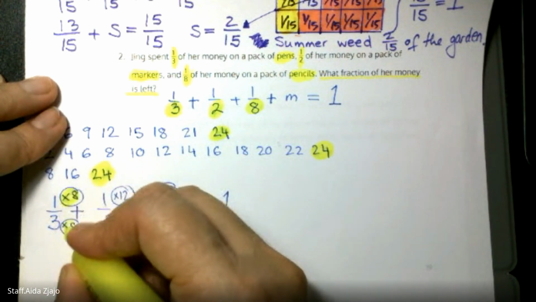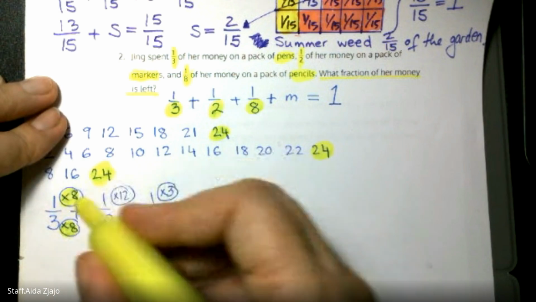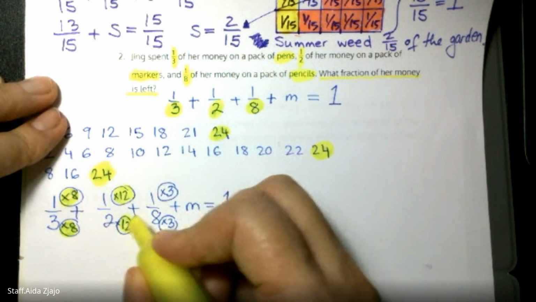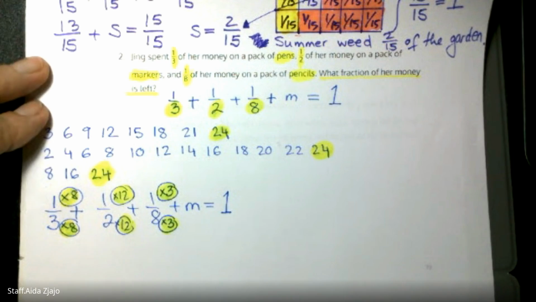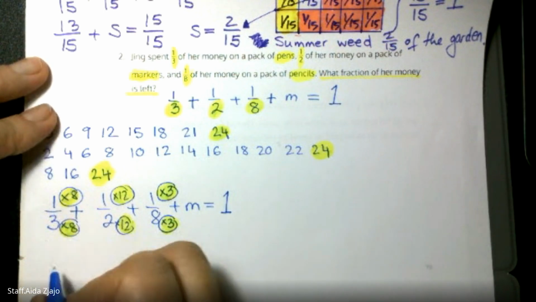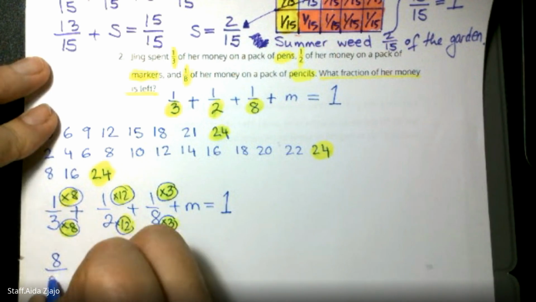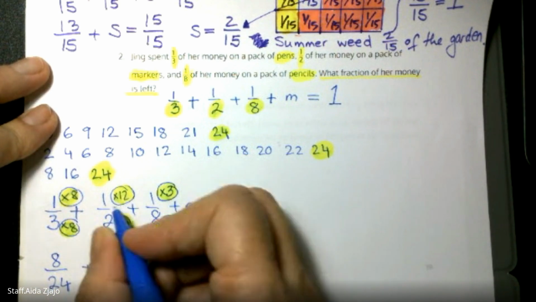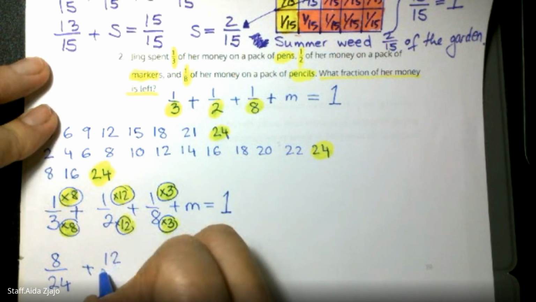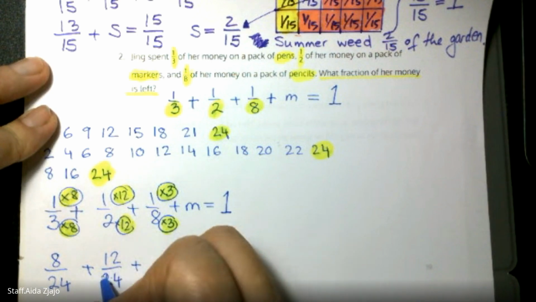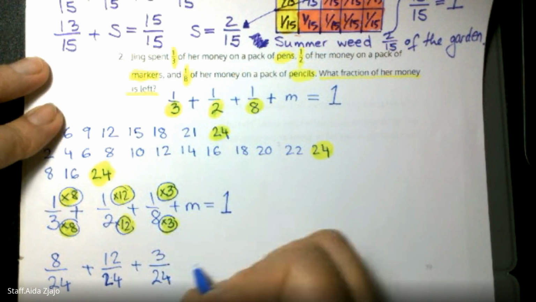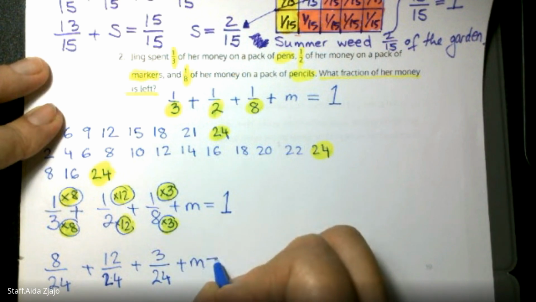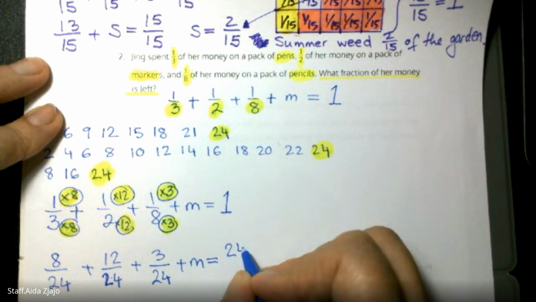So the numerator and denominator needed to be multiplied by the same number in order to know how many pieces of each we have. So 1/3 is the same as 8 24ths. 1/2 is the same as 12 24ths. And 1/8 is the same as 3 24ths. Plus M must equal 1 whole, which is 24 24ths.